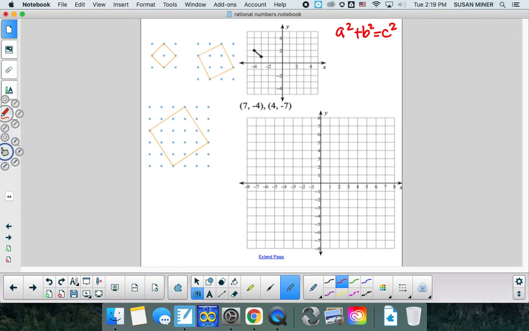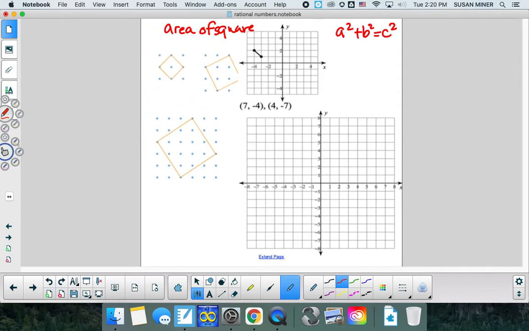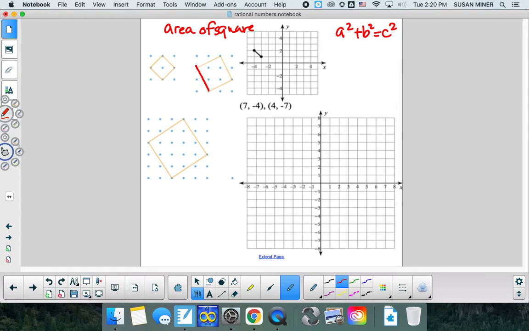So let's take a look at these first couple of graphs. They look a little bit different, but let's take a look at these graphs that have squares on them. I'm looking for the area of the square. And I also want to know what is the side length? So what is the length of that line?